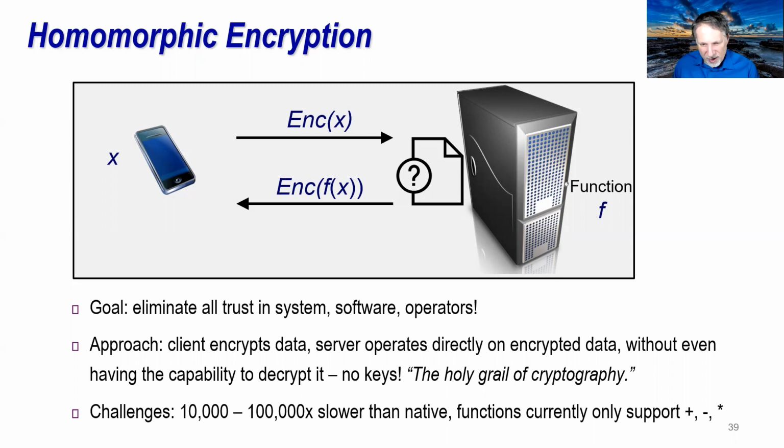The two main drawbacks are it's tens of thousands to hundreds of thousands of times slower. And depending on the computation, you can even start dipping into the millions of times slower. It's just very expensive to do homomorphisms on ciphertext. Addition isn't so bad, subtraction isn't so bad, multiplication is a big mess.